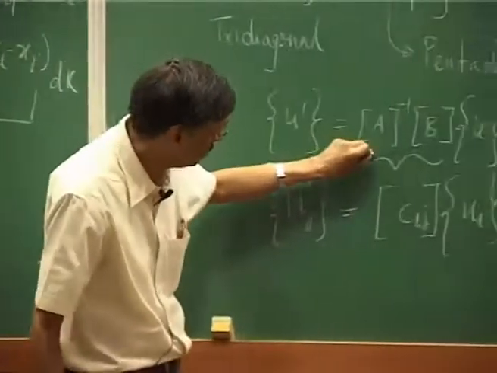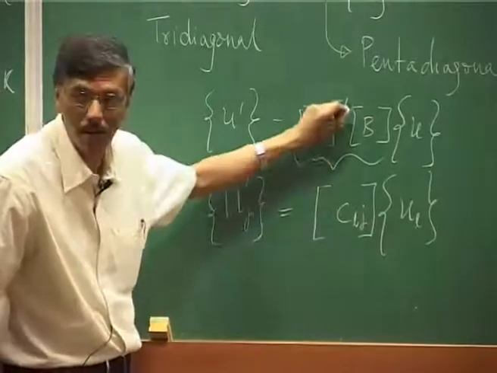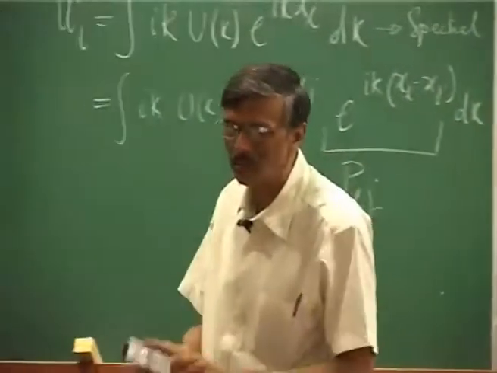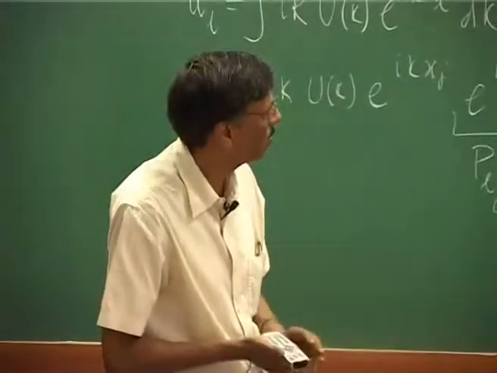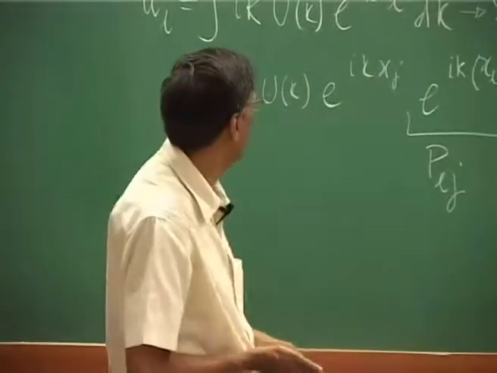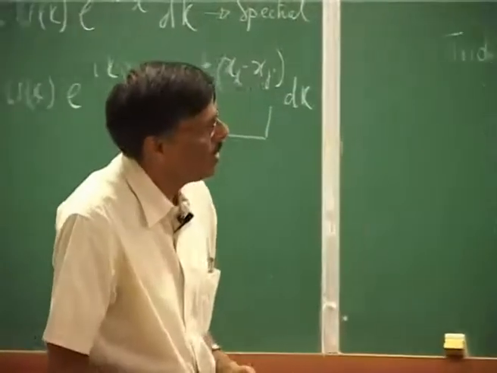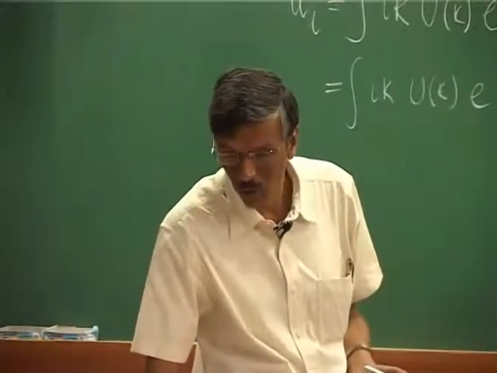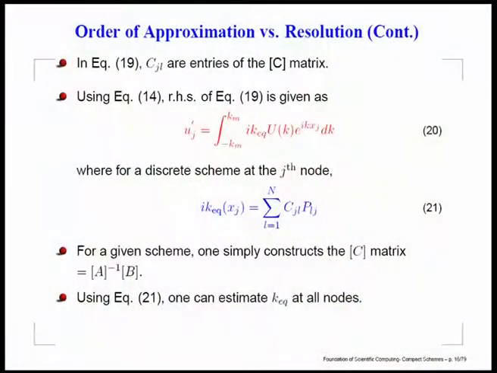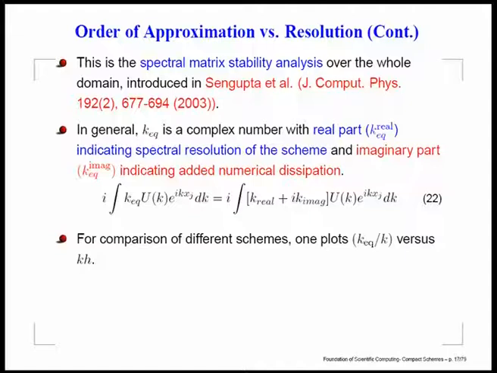And then what happens is we will get a C matrix which will not be symmetric, which will be non-symmetric, and that in turn will give you a k equivalent which will have an imaginary part. Why? Because you have seen that k equivalent comes from the C matrix here, right. If the C matrix is non-symmetric, then you can be rest assured that you will have an imaginary part, and that can add to numerical dissipation.